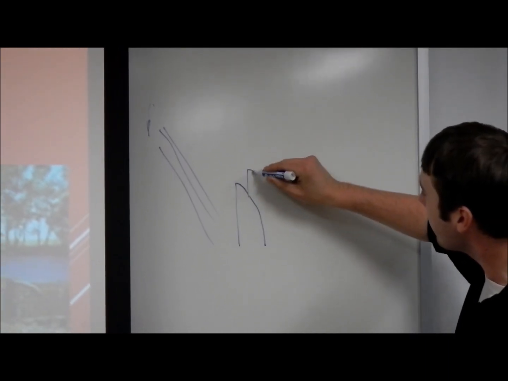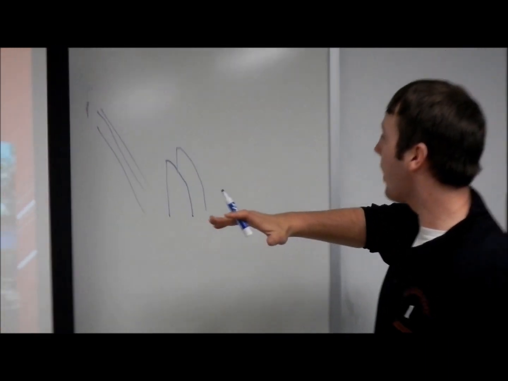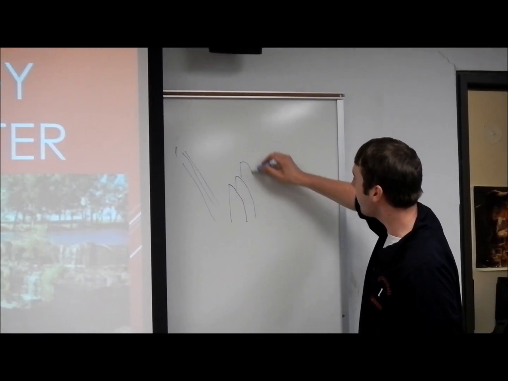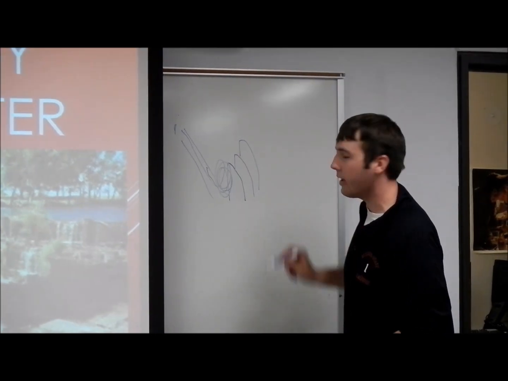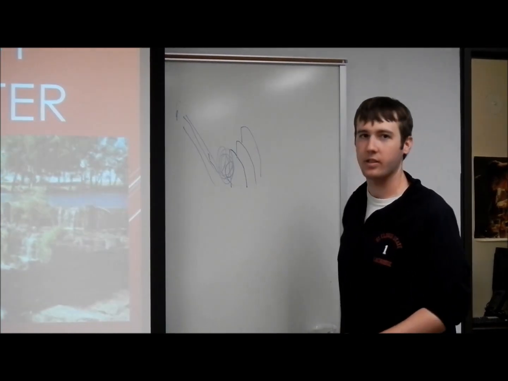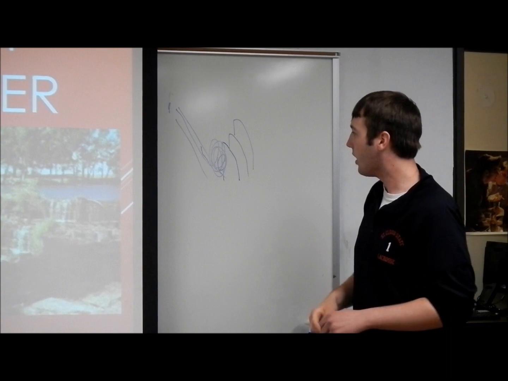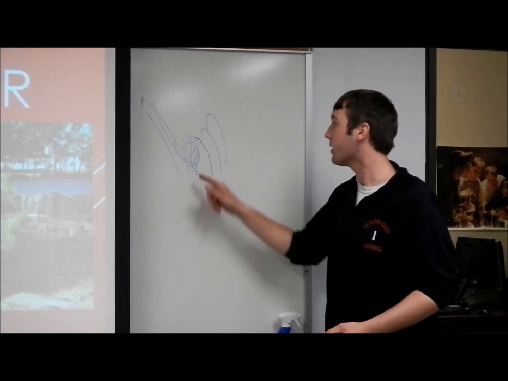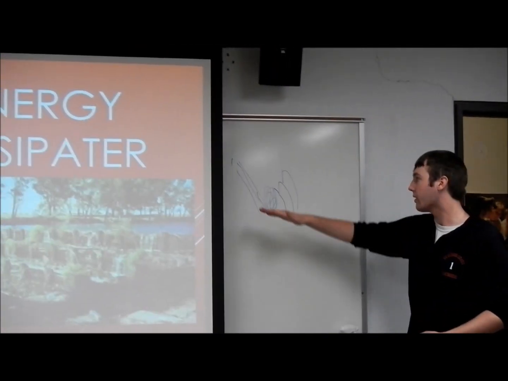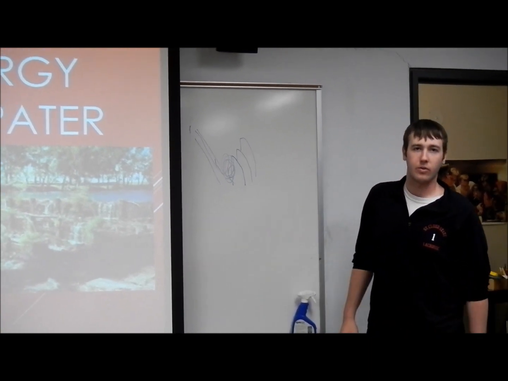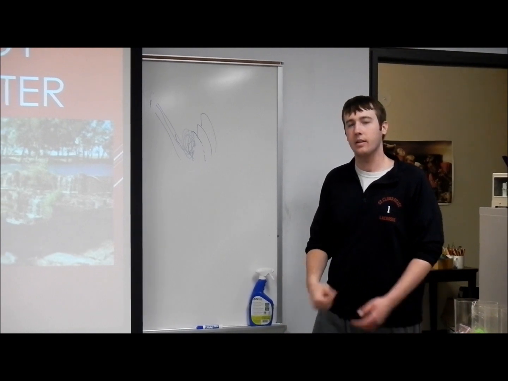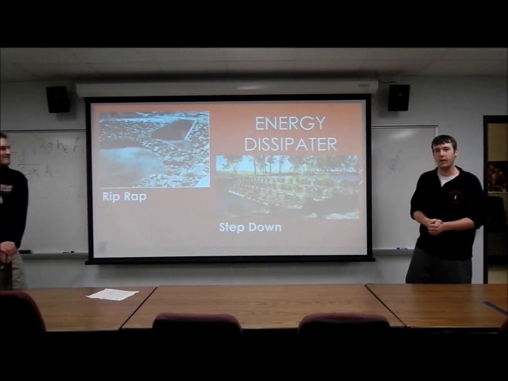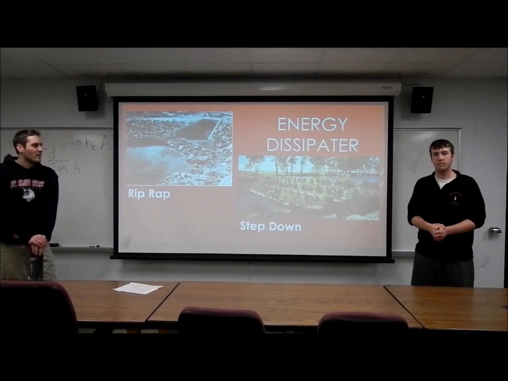There'll be one behind it, and for the whole length of the river you'll have these pillars, and the water will brush up against them, and this causes turbulence that dissipates the energy. The water is broken up when it goes like that, instead of just going straight down the river. So that's the role of energy dissipators. Dragon teeth.